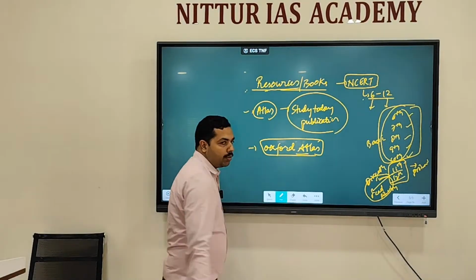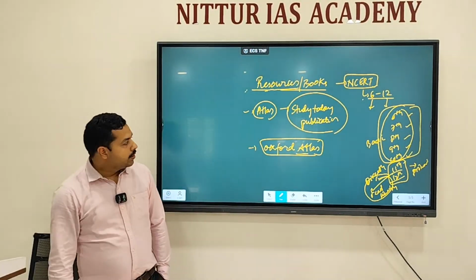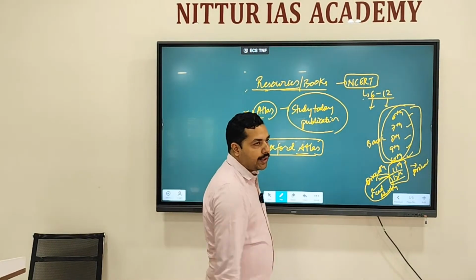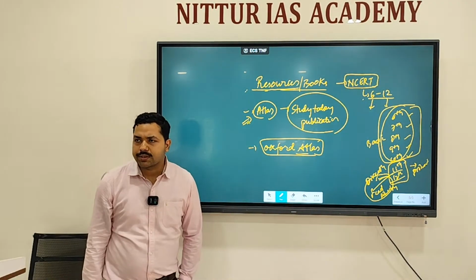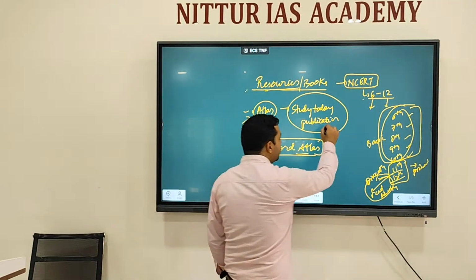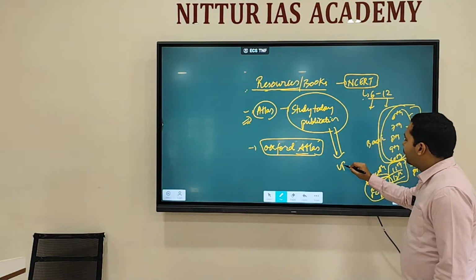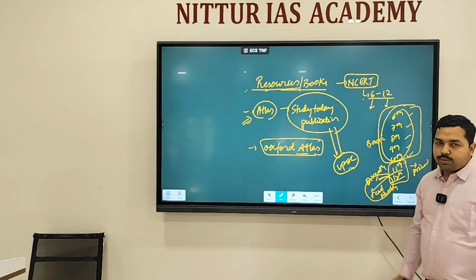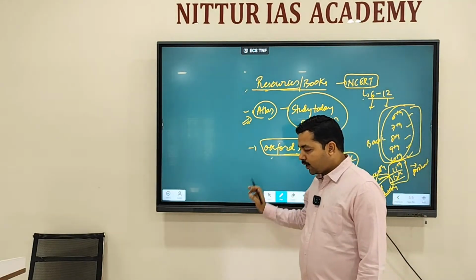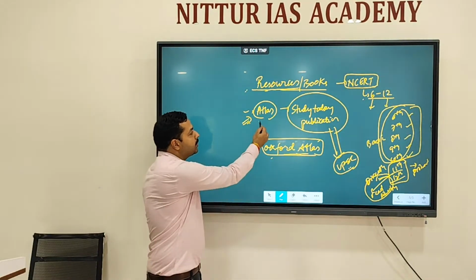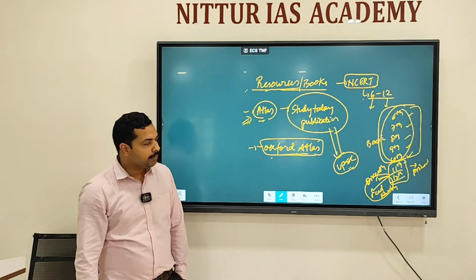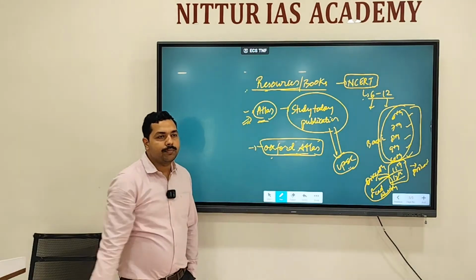This is also available. So either of these you can take, but I'll suggest the Study Today publication more, because it is written more from a UPSC perspective. Maps and so on are given more from a UPSC perspective as compared to the Oxford Atlas, which is a general one. Clear? If it is not available in the market, you can go with the Oxford Atlas. But first try for the Study Today publication atlas.